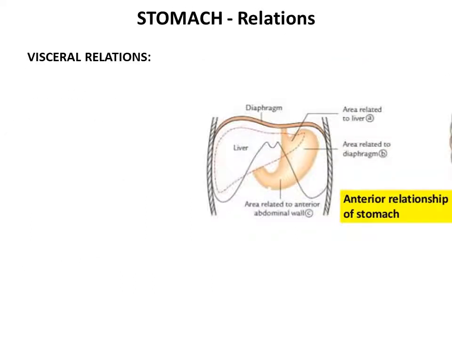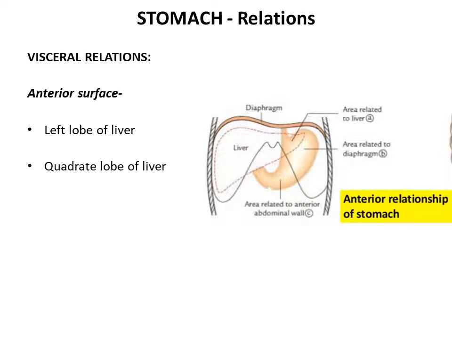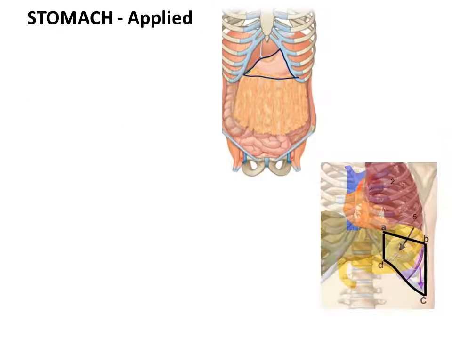The visceral relations on the anterior surface of the stomach are the left lobe of the liver and the quadrate lobe of the liver, the diaphragm and the rib cage, and a small triangular part which is directly related to the anterior abdominal wall. The triangular area of the stomach which is in contact with the anterior abdominal wall is known as the gastric triangle.